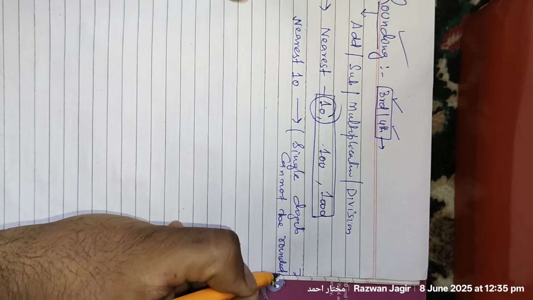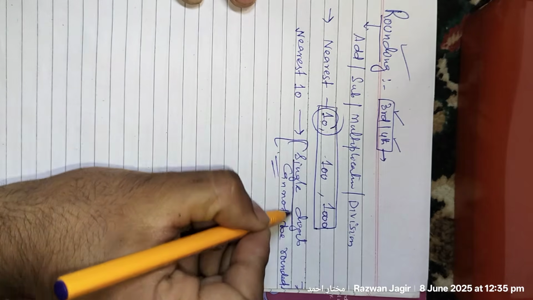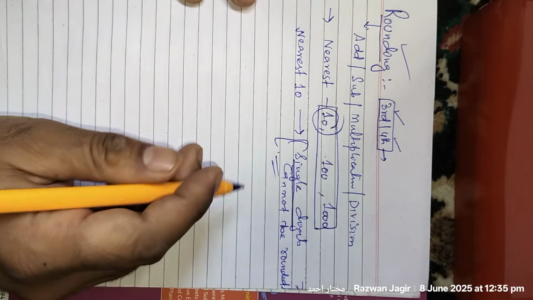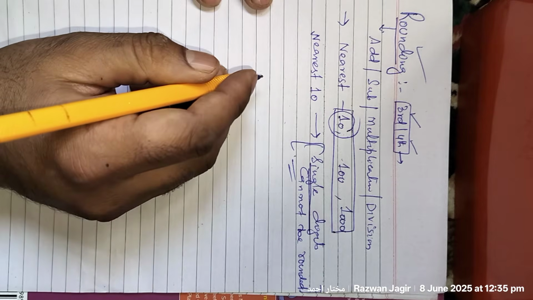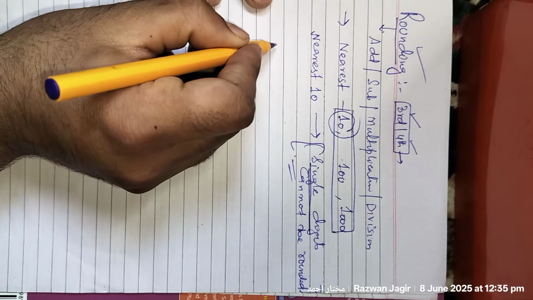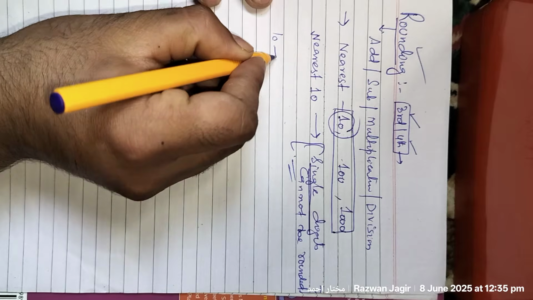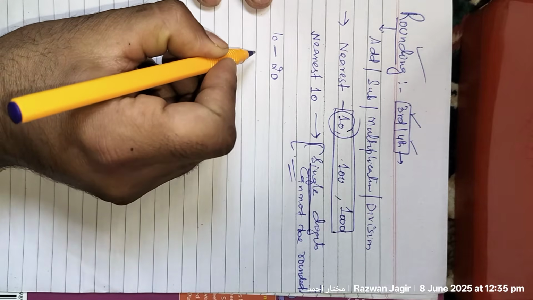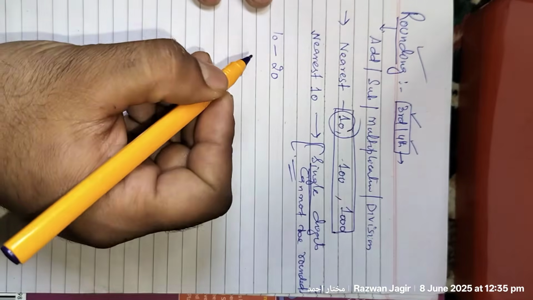We can't round the single digit number. You cannot round them. Okay. Now let us go for the two digit numbers. For example, if I have any number from 10 to 20, you have to round the number nearest to 10.